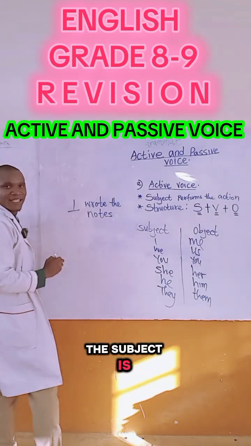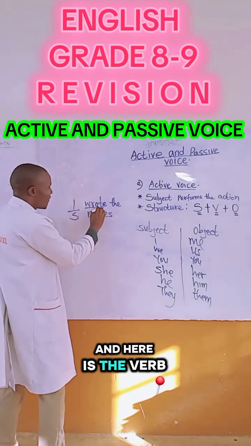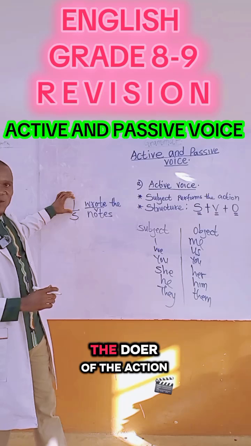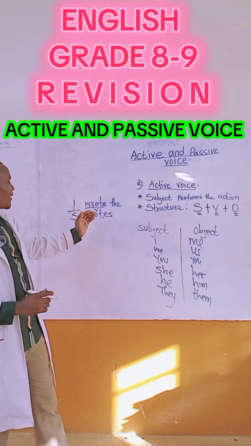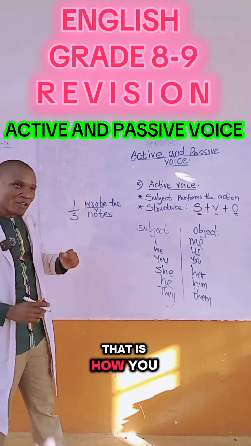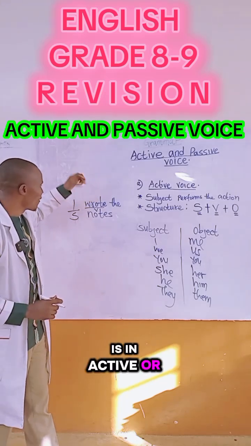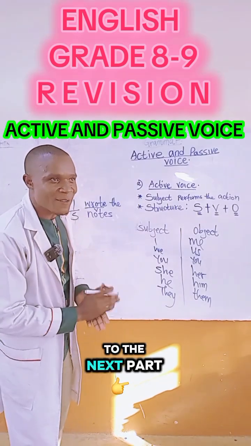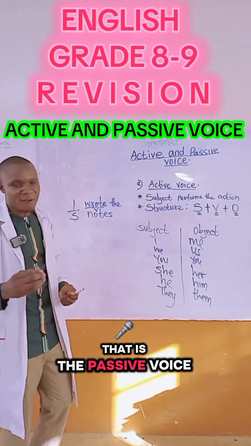This is the subject, and here is the verb. So, in this sentence, I, the doer of the action, wrote, that is the verb. That is how you know whether the sentence is in active voice. Now let us go to the next part of it. That is the passive voice.